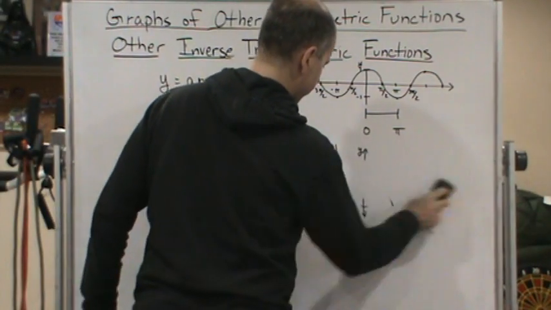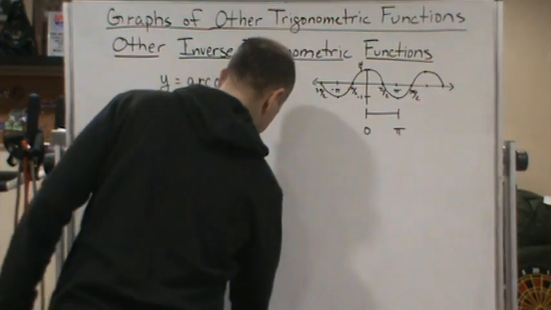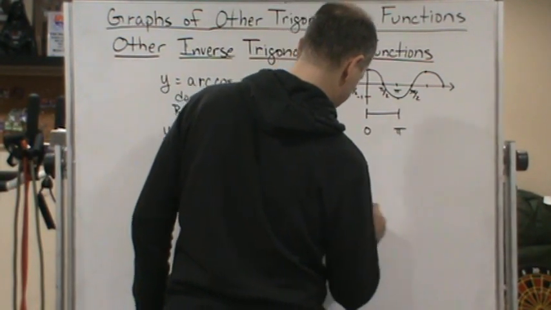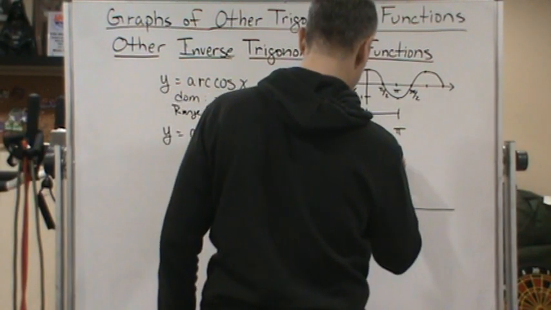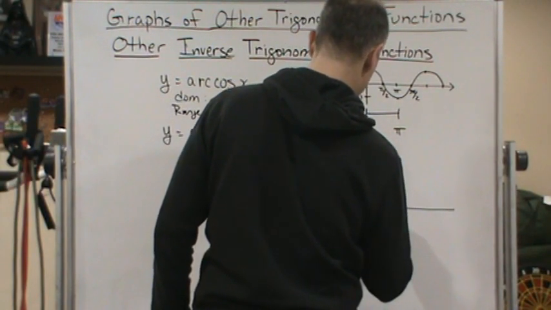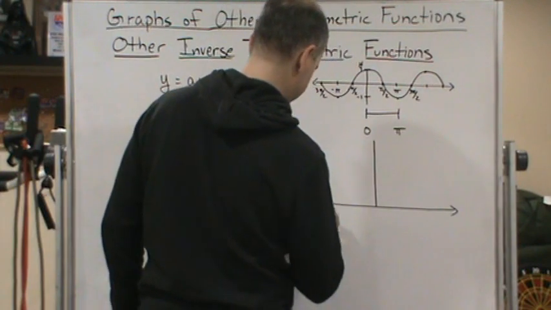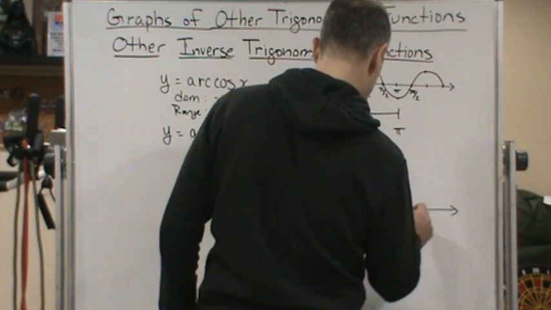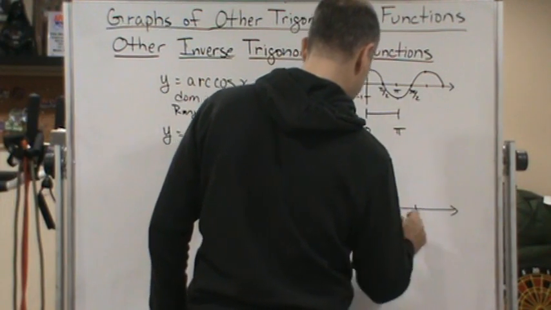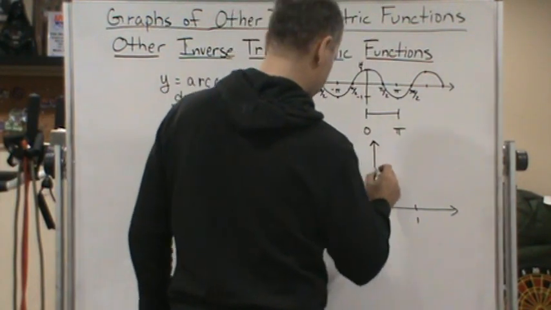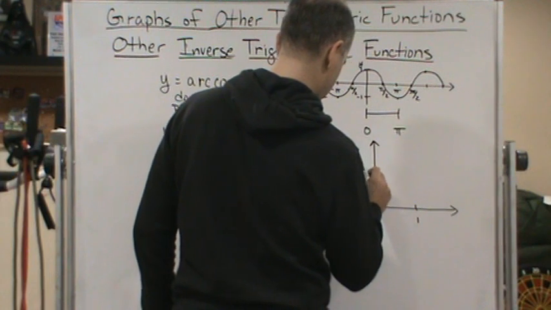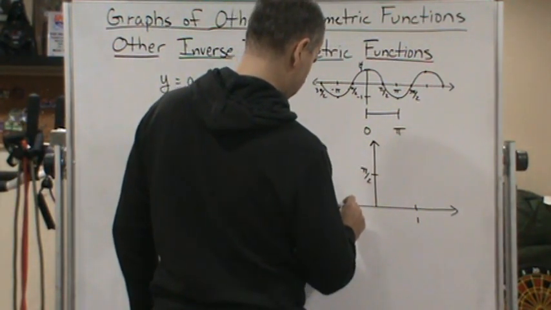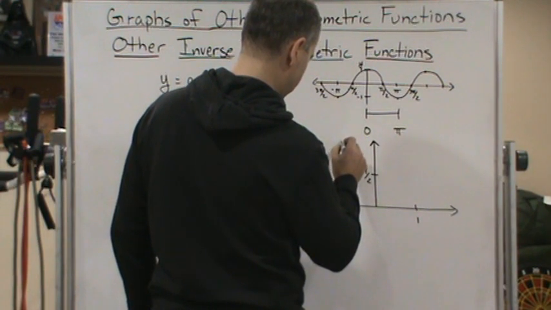I messed up. It's not 0 to pi. This is 0 to pi. Let me draw it this way. Like that. So we'll do, yeah, we'll do from here.